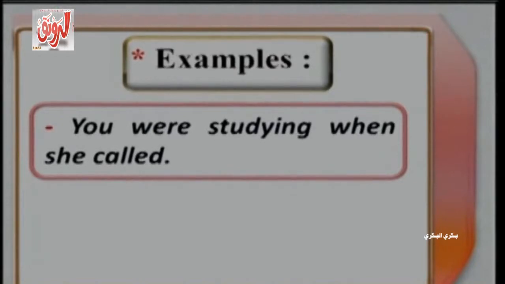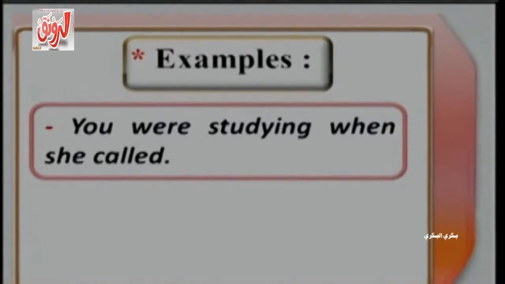Imagine that we have two separate sentences linked by an adverbial: when, while, or as. There are three words used especially with the past continuous tense: when, while, and as. You were studying is one action. She called is another action.